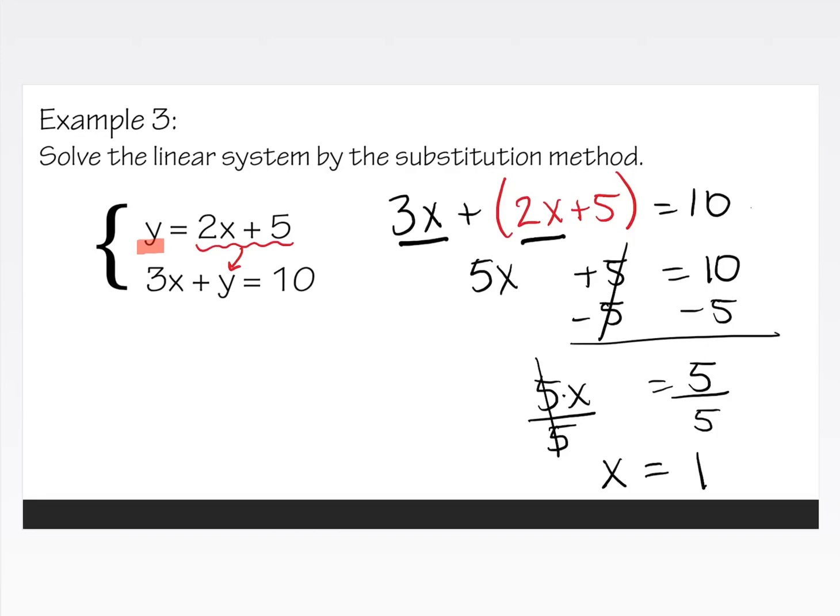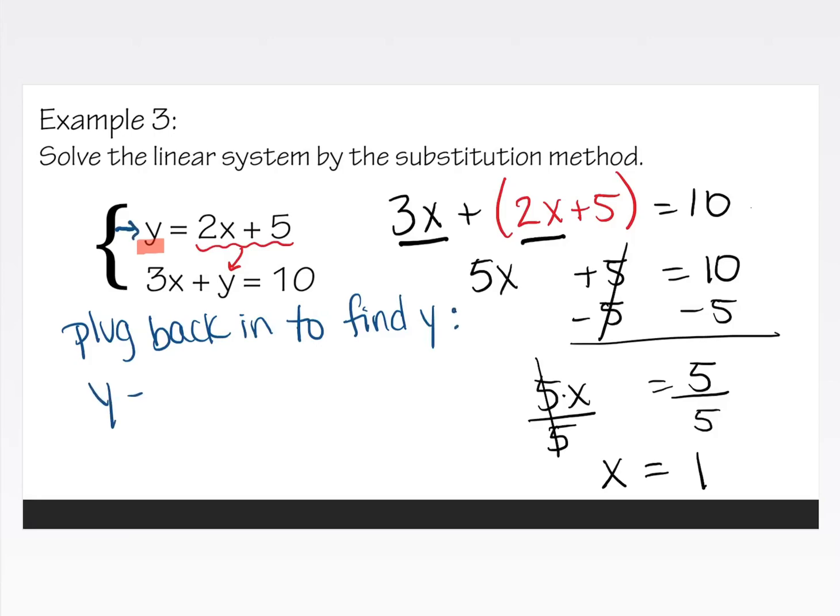Now in order to get my y-coordinate, I have to plug back in to find it. Now you could plug this back into either equation, but I think the first one would be a little bit easier because our y is already isolated.